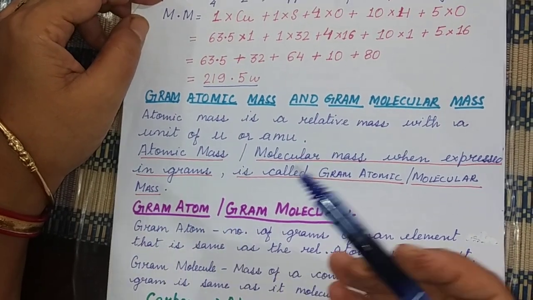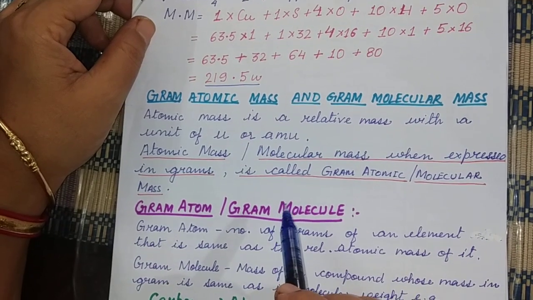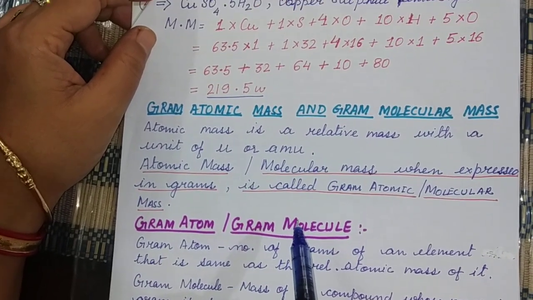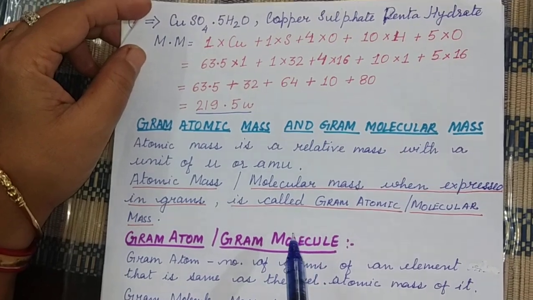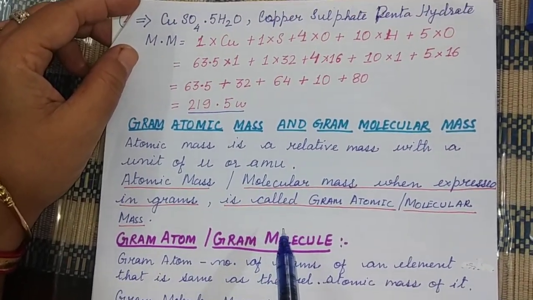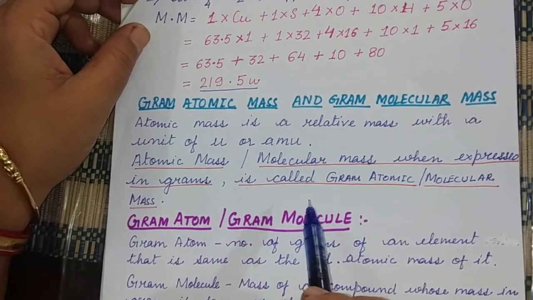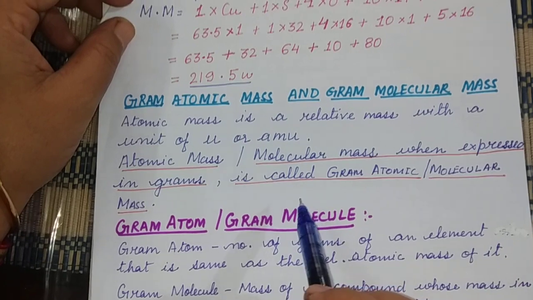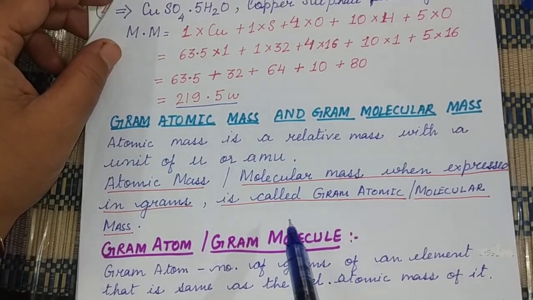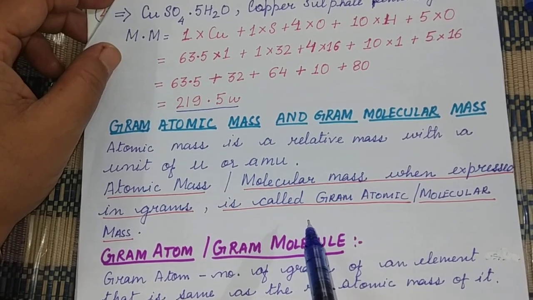Whenever we are talking about the mole concept, mole measures the mass of a substance. So whenever we are talking about the mass of a substance, we cannot work with the unit of U or AMU. The unified mass or AMU has to be converted into gram, or we can say the molecular mass or the atomic mass has to be converted into gram atomic mass or gram molecular mass.